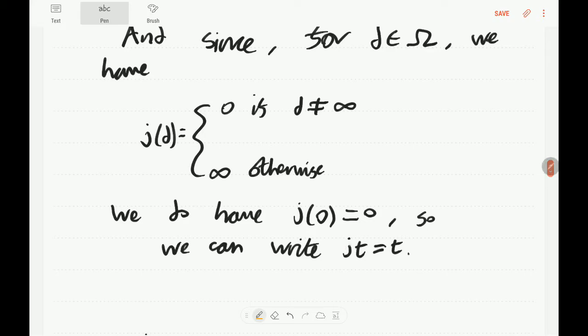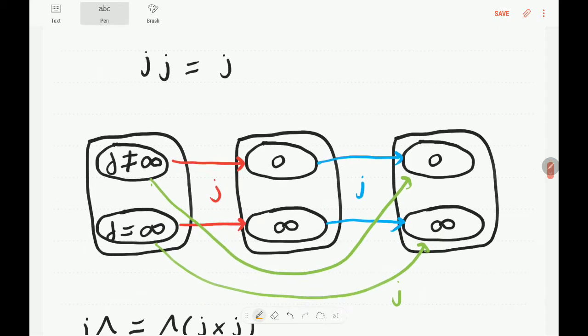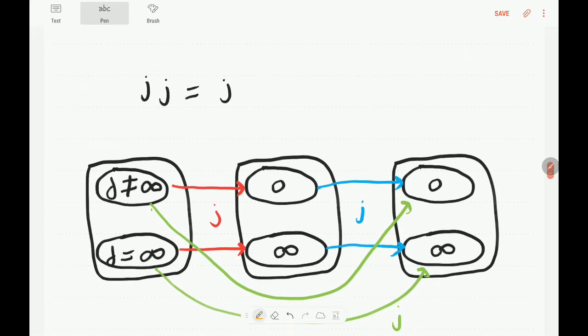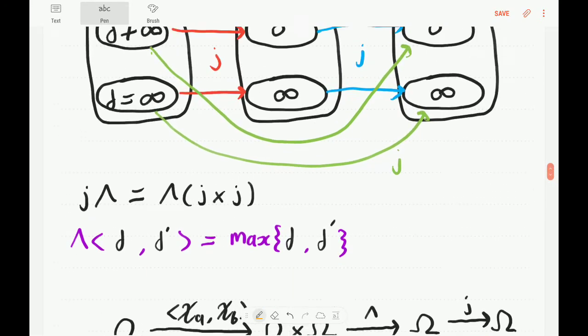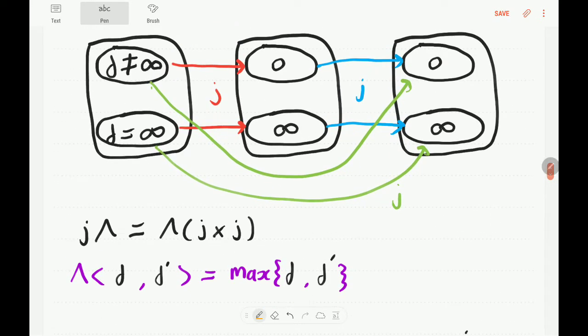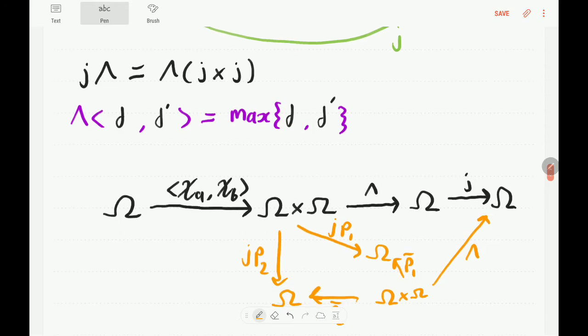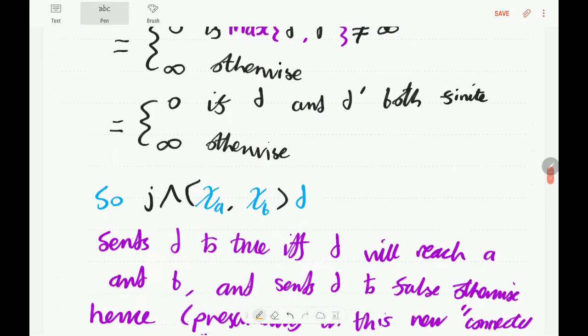We have J after true equals true. We have J after J equals J, and we have J after and equals and after J times J. So yes, J is a topology.